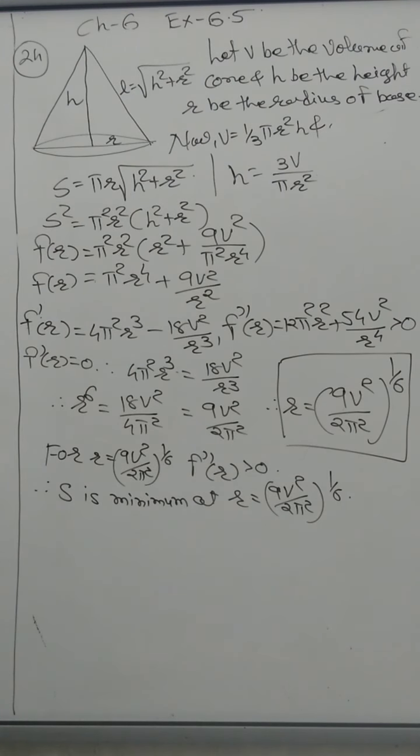So we can say that for r equal to (9V²/2π²) raised to 1/6, f''(r) is greater than 0 and S is minimum.